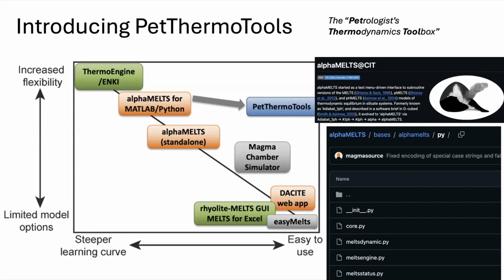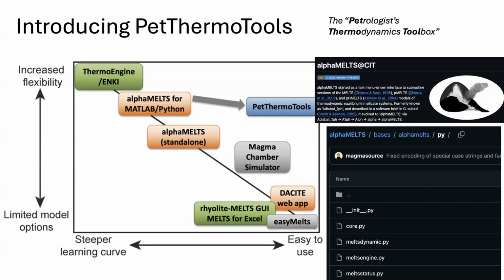But by basing it within the completely open source alphaMELTS for Python, we're also providing some degree of customization and flexibility within the calculations for more advanced users. It's also set up to easily facilitate automation of hundreds to thousands of thermodynamic models if you wish to do that. So I'll go through this very quickly, because I want to make sure I give time for Ben to talk about his work.